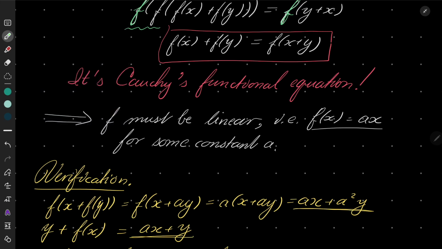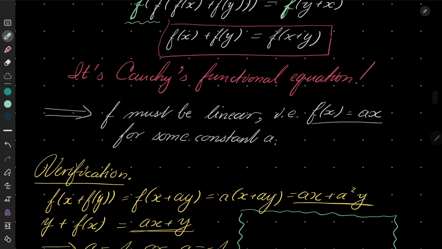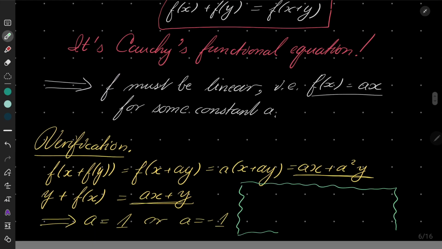So our functional equation has exactly two solutions: namely, f of x equals minus x, or f of x equals x.